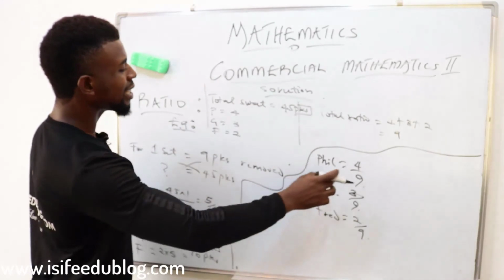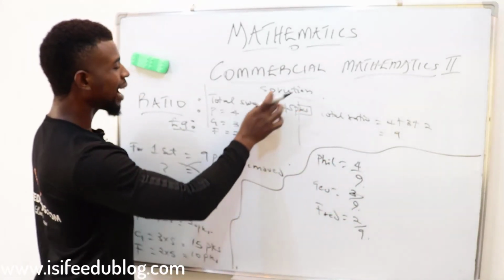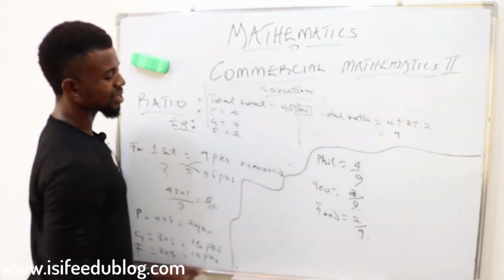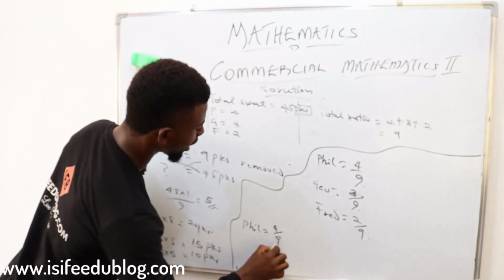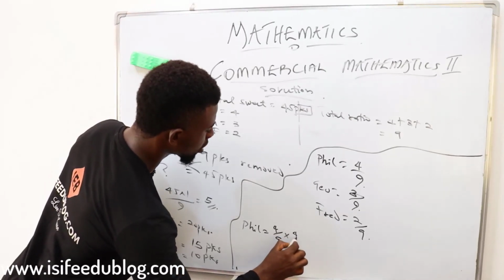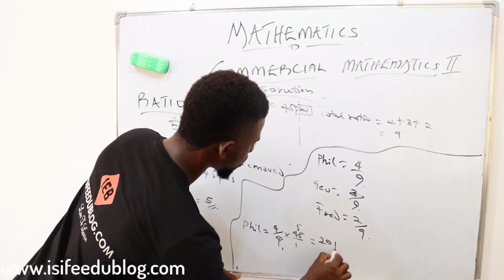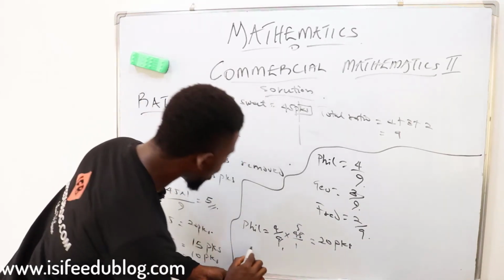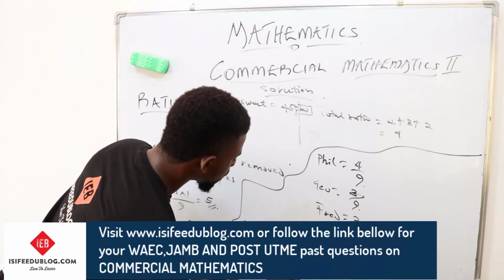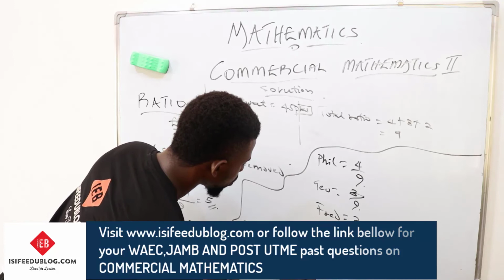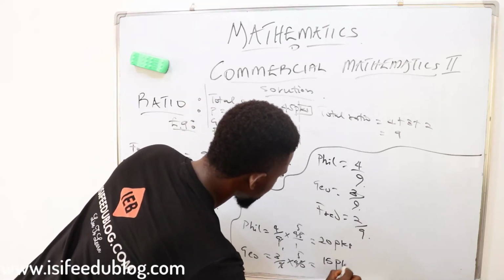Okay? So we can easily find Phil's share by saying his fraction times the total number of packs that they are sharing. So we'll have Phil equal to 4 over 9 times 45, which gives us 20 packs. And we'll have Joe's. Now Joe's fraction is 3 out of 9 times 45, which will give us 15 packs.